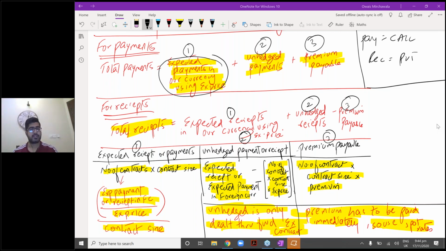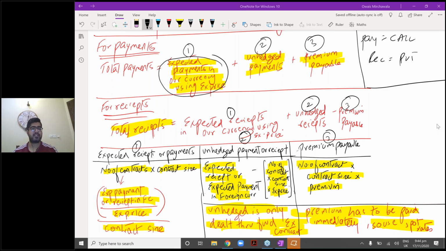Yes, unhedged you only use forward exchange contract. Unhedged is basically that futures and options contracts are standardized. If they are standardized, we cannot hedge each and every amount.